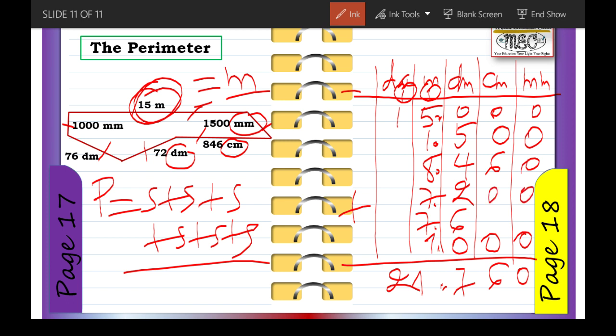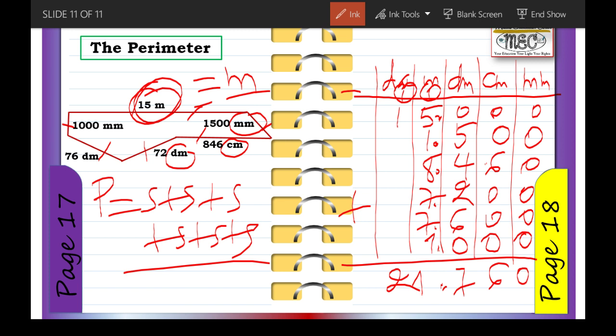Here let's fill in with the zeros to add accurately. This is 0, 0. We have only 6, 6. 5 plus 4 is 9. Plus 1 is 11. Plus 6 is 17. You write 7, then you keep 1. 1 plus 5 is 6. Plus 1 is 7.